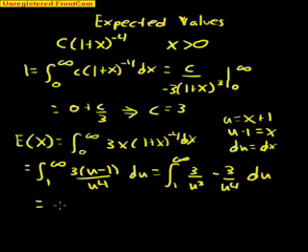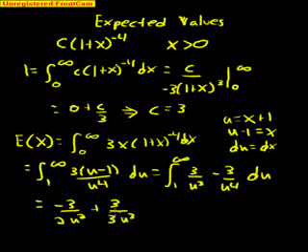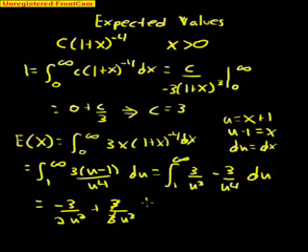So now that we integrate this, we're going to obtain the following term. Three over 3, u to the 3. These 3's cancel. And of course we integrate from 1 to infinity.